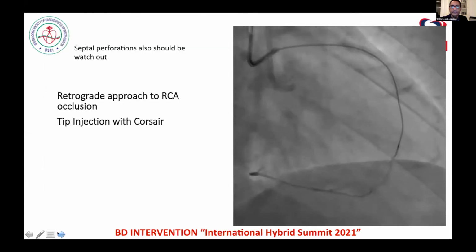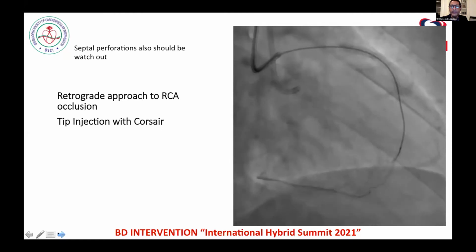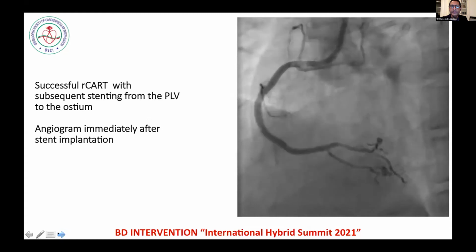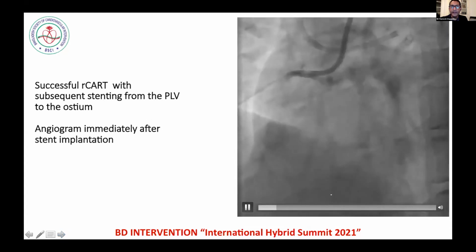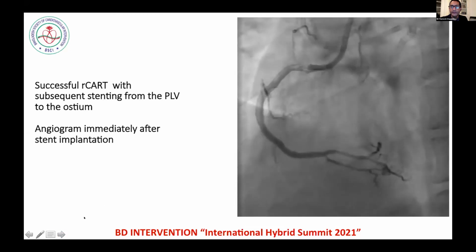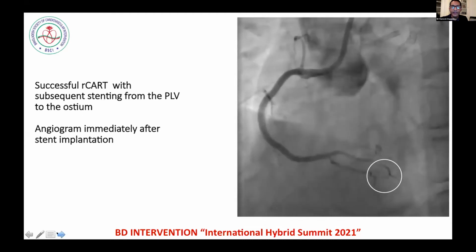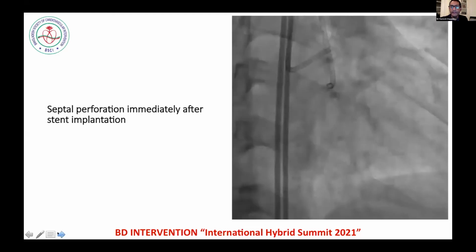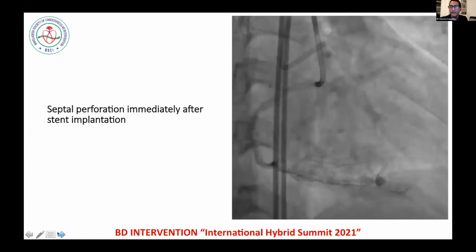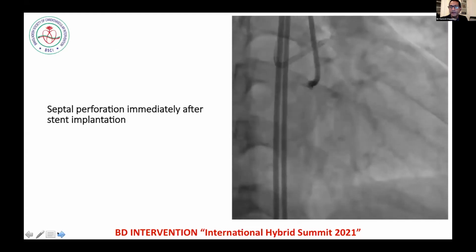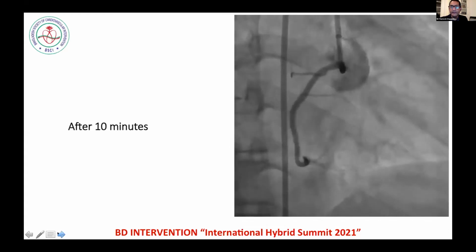In this patient, there was a retrograde approach to the right coronary artery with injection with the Corsair. You can see a nice successful reverse CART, but a subsequent angiogram showed a small perforation of the PLV. We kept waiting, thinking that it might heal on its own, and waited for 5 minutes and 10 minutes.